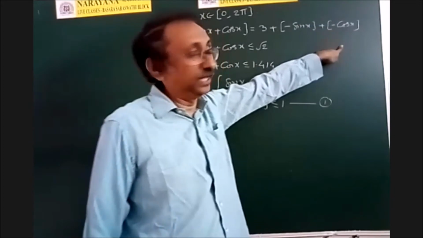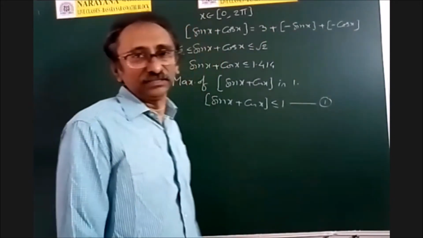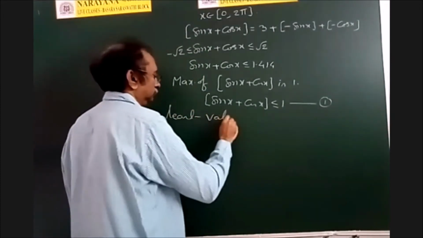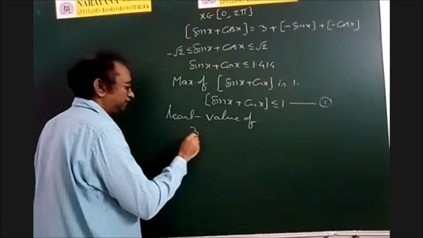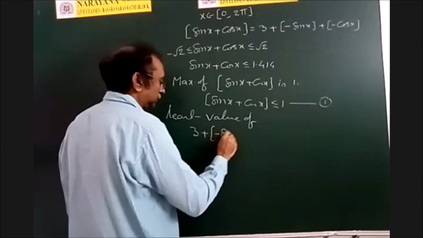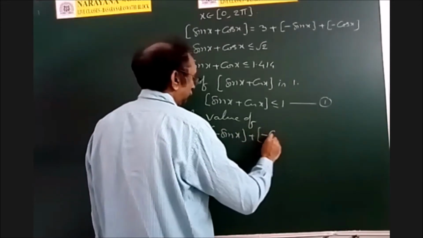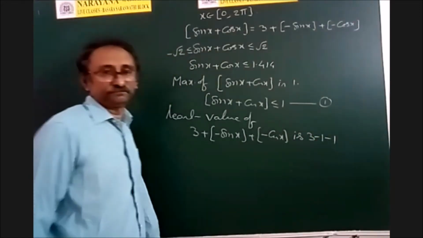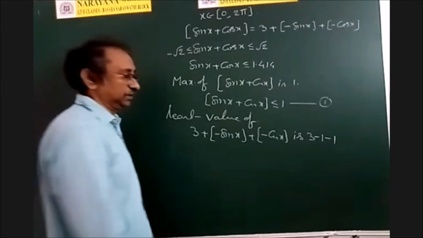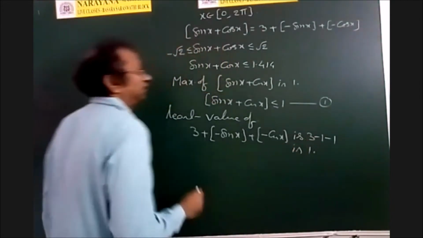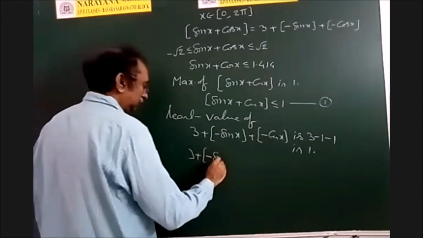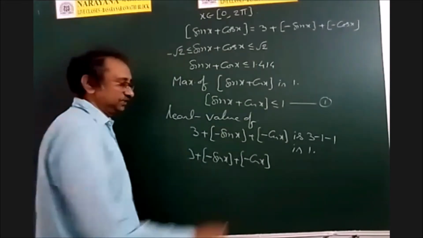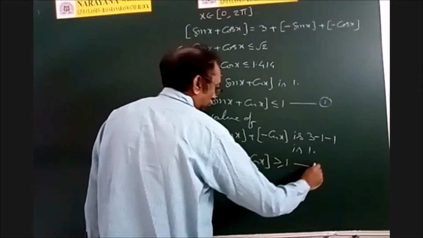Its least value is also -1 for cos. So the least value of 3 plus integral part of minus sin x plus integral part of minus cos x is 3 minus 1 minus 1, that is 1. So it is greater than or equal to 1.